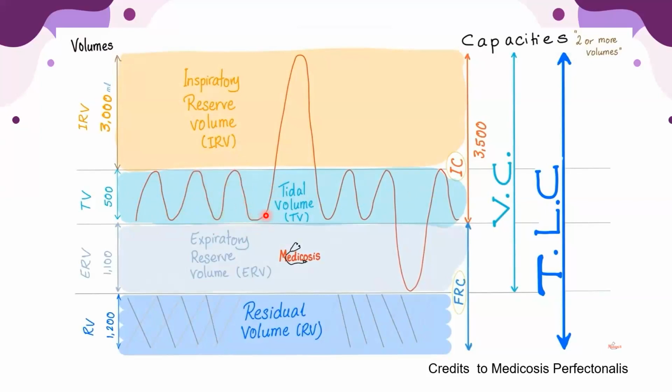Now, if we ask the person to take in a very deep inhalation, as much air as they can inhale, that's going to be the inspiratory reserve volume. If we ask the person to exhale as much as they can, that's the expiratory reserve volume. You can consider the 1 second capacity as a subset of expiratory reserve volume.